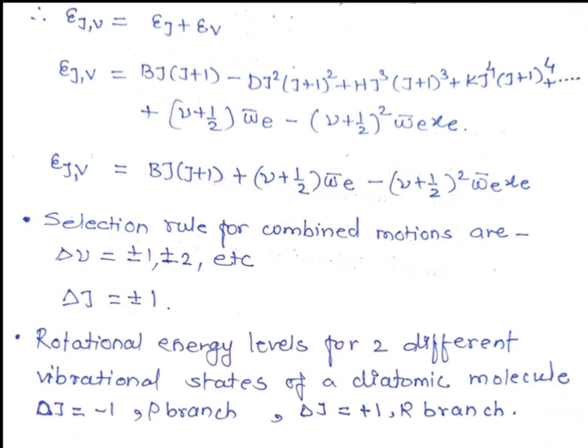And the rotational energy levels for two different vibrational states of a diatomic molecule. When delta J is equal to minus 1, we will observe the P branch. And when delta J is equal to plus 1, we will observe the R branch. So, in the vibrational spectroscopy, due to the presence of the two states of a diatomic molecule, we will observe the P branch and the R branch.